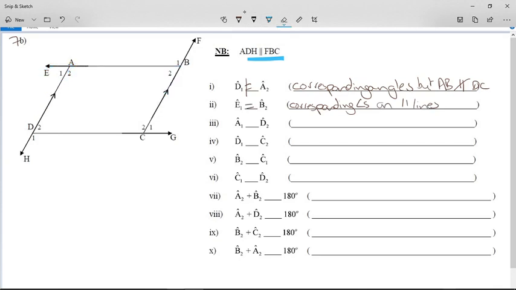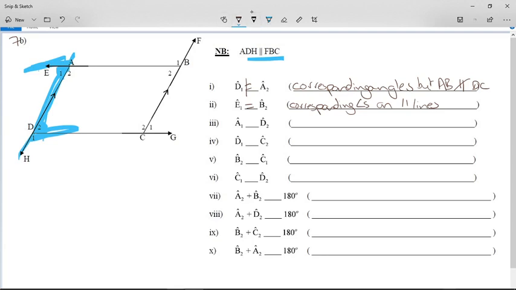Then it says to you, have a look at A1 and D2. So here's A1, and here is D2. Now these are on either side of a transversal. These ones are on either side of that line, so I can turn them into a Z. Can you see my Z over here?